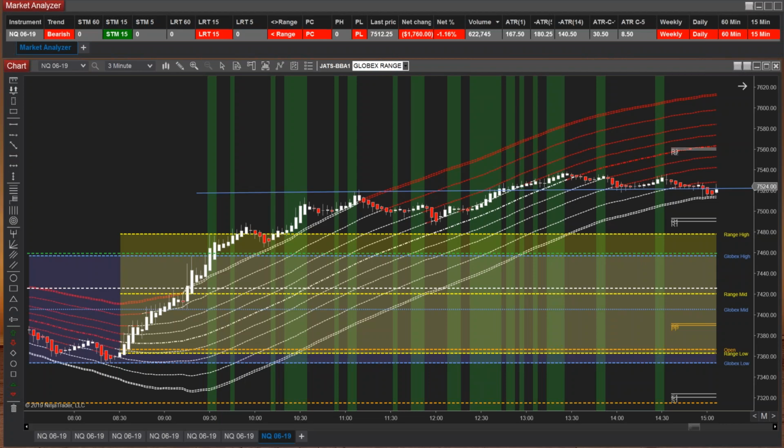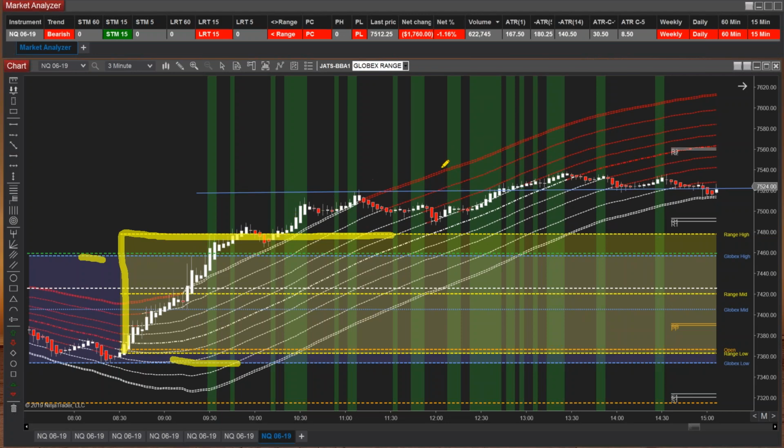First, this is the opening range indicator. The blue is the Globex session, that's pre-market, and the yellow is the 1 hour initial balance of the US session. So price will often use this 1 hour period to show you if price is going to be an extended trading range.